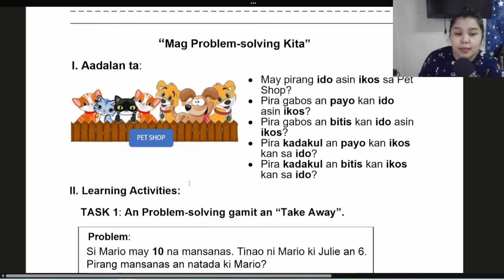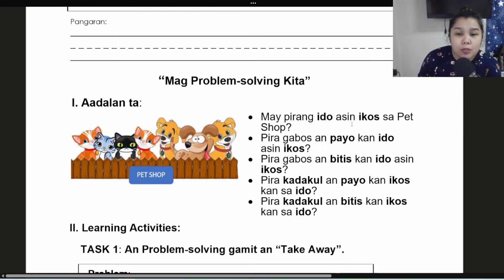Okay, adalan ta. May pirang ido asin ikos sa pet shop. So let's count. So, pirang ido. These are the dogs. 1, 2, 3. May pirang ido asin ikos sa pet shop. So, we have 3, 4, 5, 6, 7.